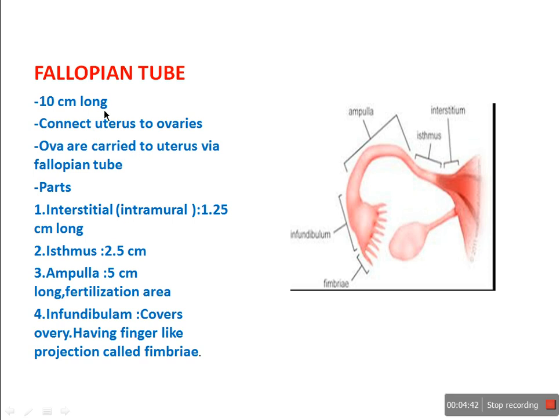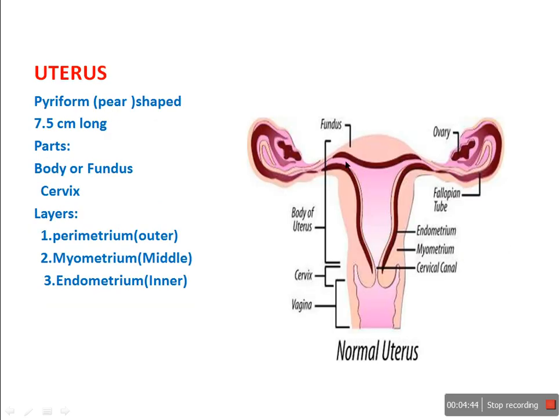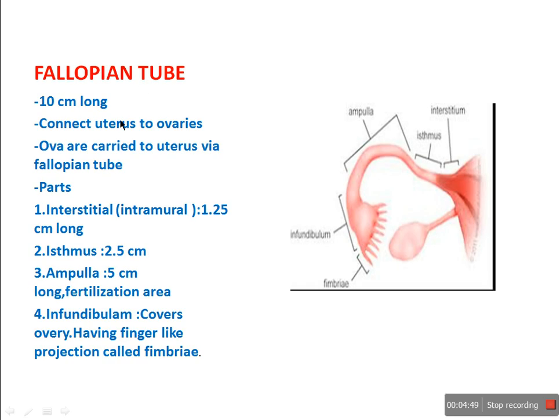Next is the fallopian tube. In this picture you can see the fallopian tube here. Fallopian tube is 10 cm long, and it connects the uterus to the ovary. This is the ovary, this is the uterus.